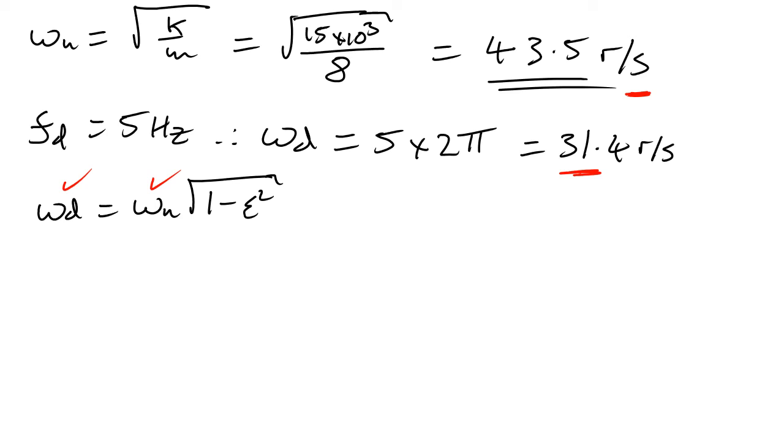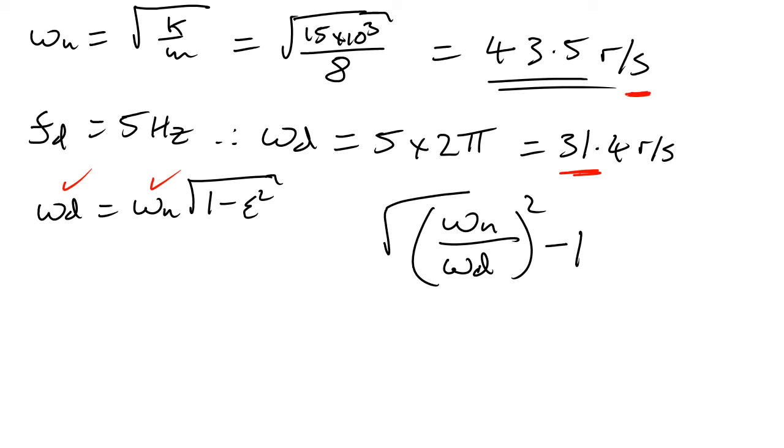If we take omega N across, eventually zeta is going to be omega N over omega D. If we square both sides, so that will be squared, and then we take 1, so it's going to be minus 1, and that's going to be equal to zeta squared. So then if we square root, we'll get the square root of all of that equals zeta.